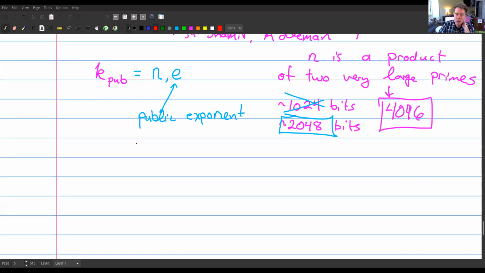Either e is equal to 3 or 7, or most commonly, and maybe most weird, it's often 2 to the 16th plus 1. There are reasons that this is true. This is like a 1 followed by a bunch of zeros. I don't know how many zeros I have to write here, like 15 or 14, so I might be slightly off. But this is a number that's big but not too big, and it's mostly zeros. We'll get to the details later.